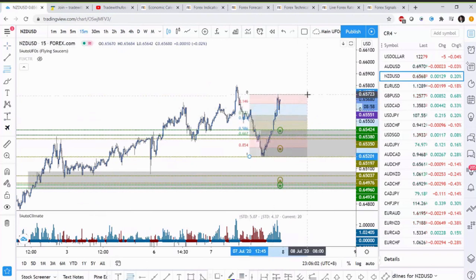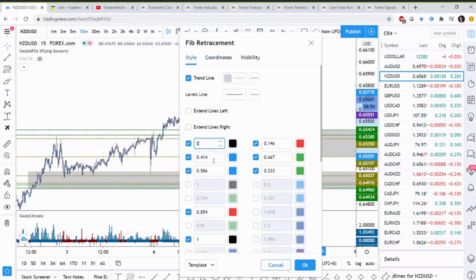in certain areas for which I want to be a buyer. So let's say the 55, the 61.8, right?